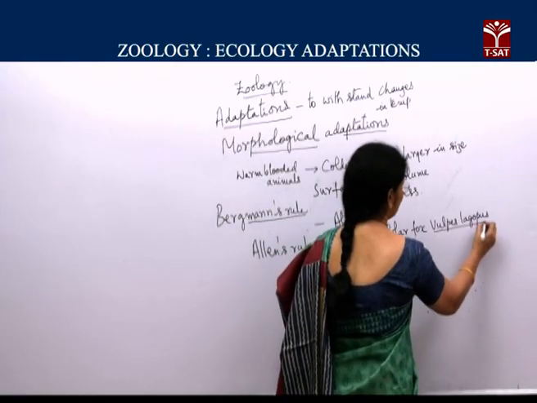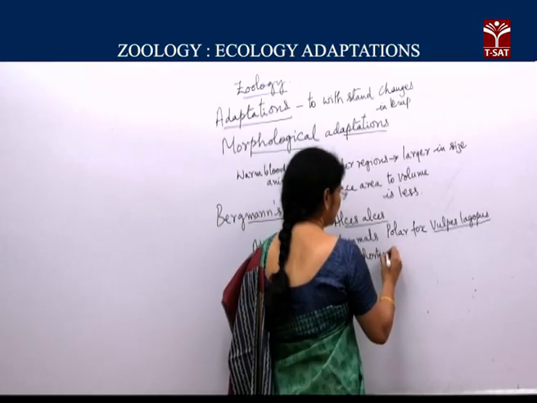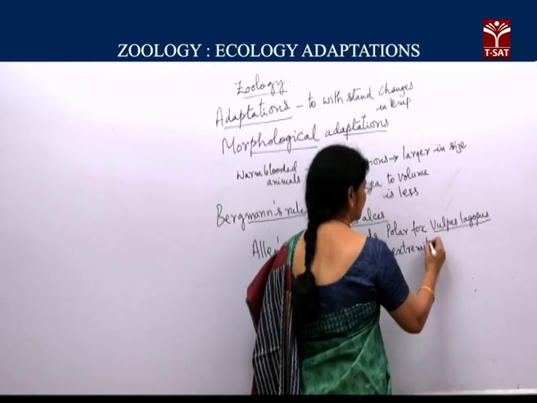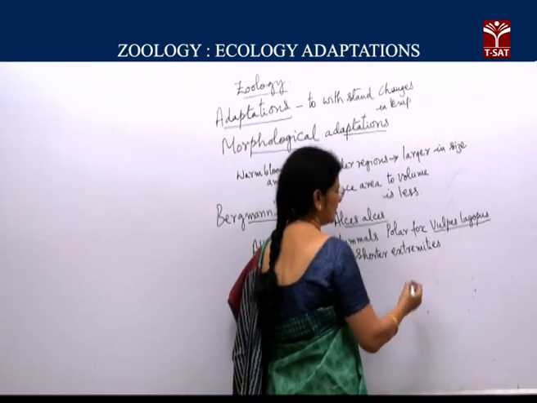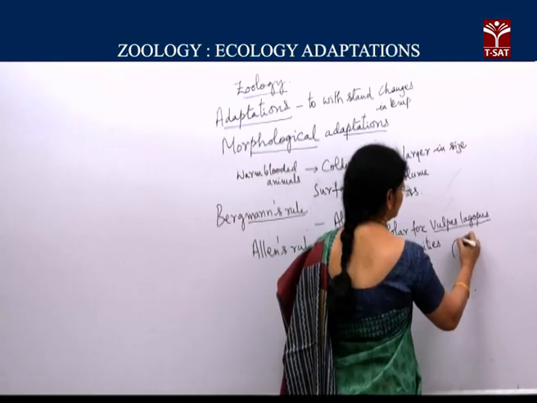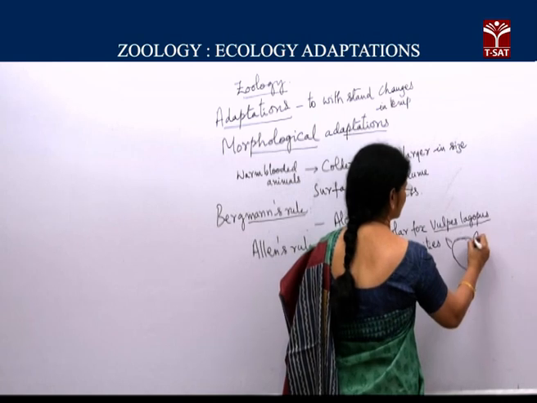So the extreme parts of the body are shorter. Shorter extremities we find in these organisms. If you see a polar fox, the ears would be short.